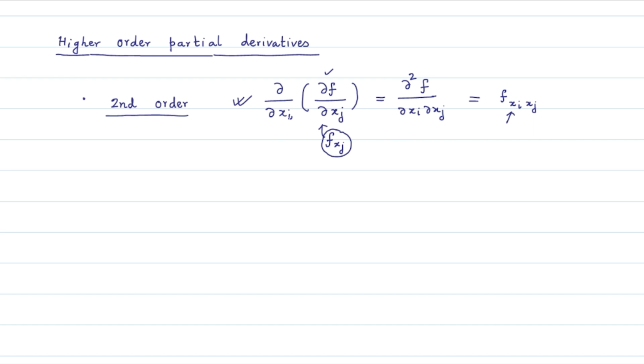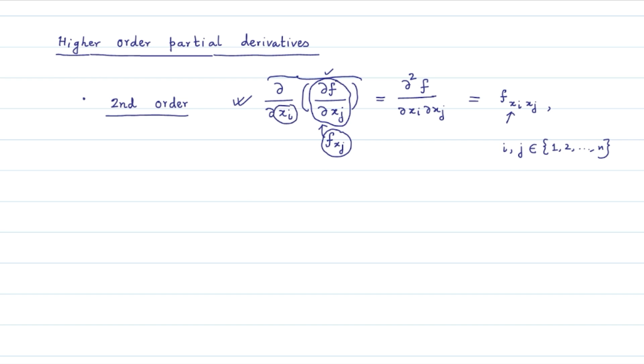Now varying i and j over all possible index values 1 to n, we will get all second order partial derivatives of the function f. Here you notice that in calculating these second order partial derivatives, we take at first the partial derivative of the function f with respect to xj and then with respect to xi.